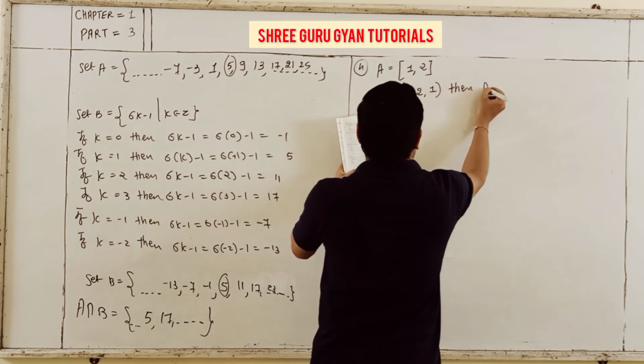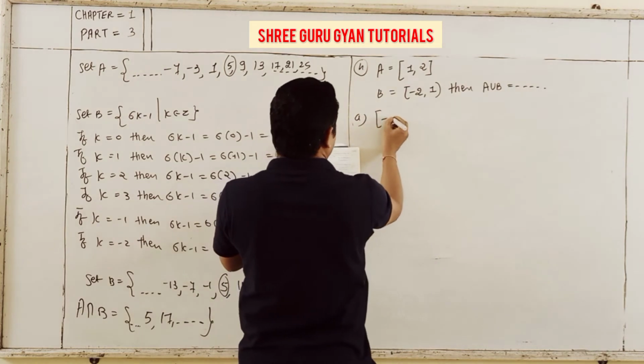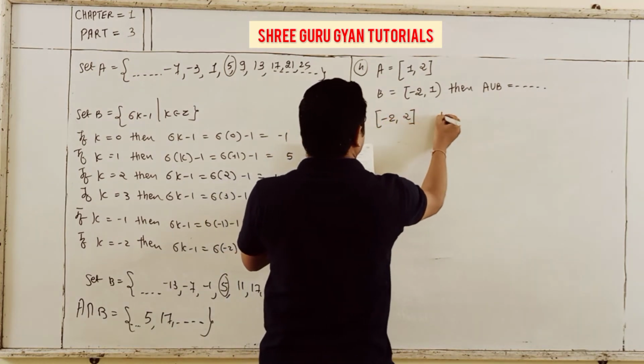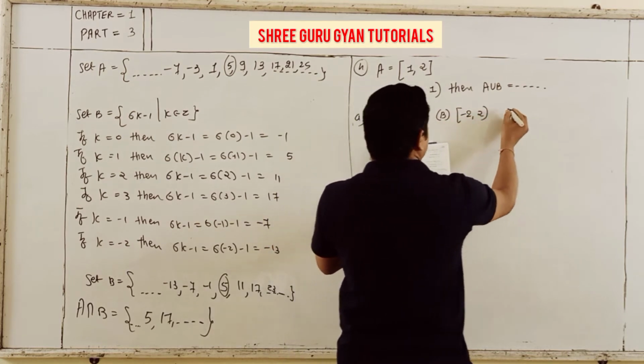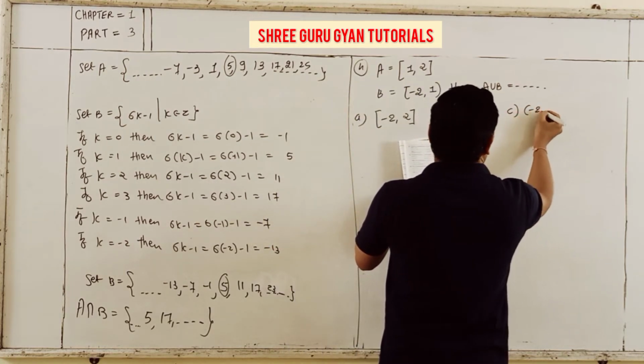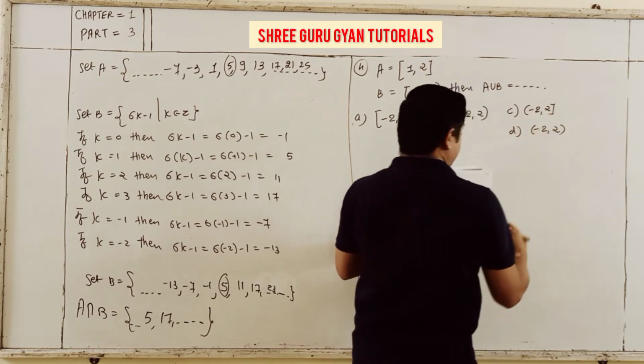Then A union B is dash dash dash dash. Options given: [minus 2, 2], [minus 2, 2), (minus 2, 2), and last (minus 2, 2].